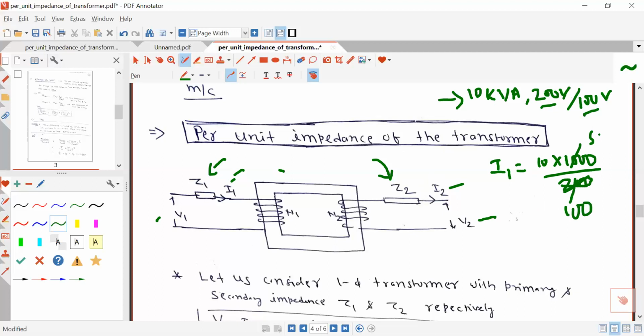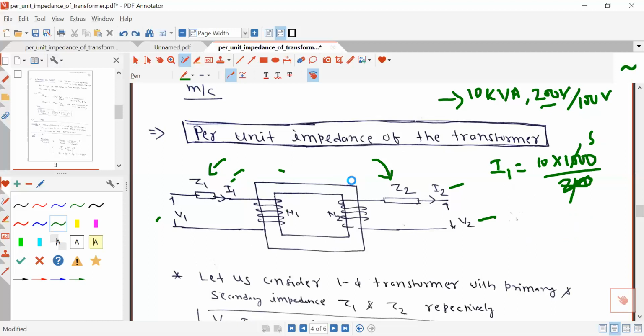So you will get 100 ampere. This is the meaning of the rated current: the current which you have calculated from the rating of the transformer.